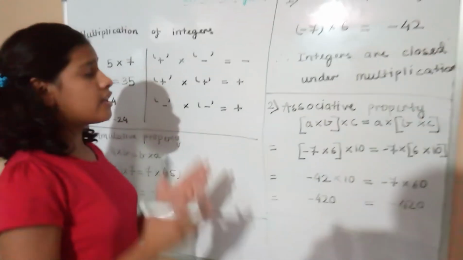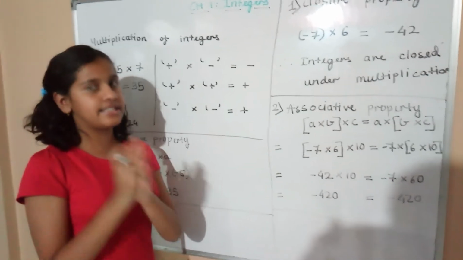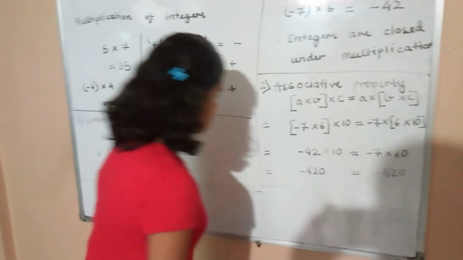Now let us try the fourth and the last property of multiplication in integers. It is the multiplicative identity.